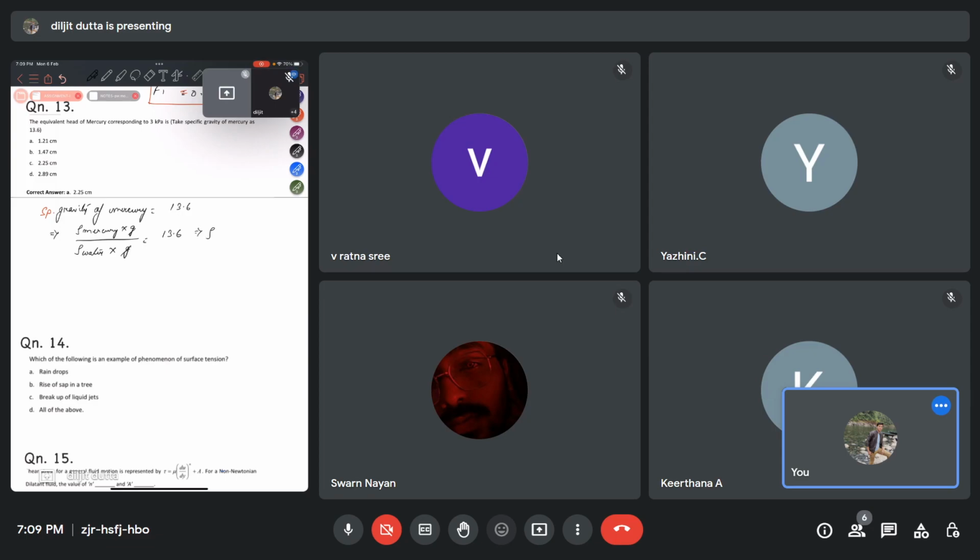This implies rho mercury equals 13.6 into rho water.